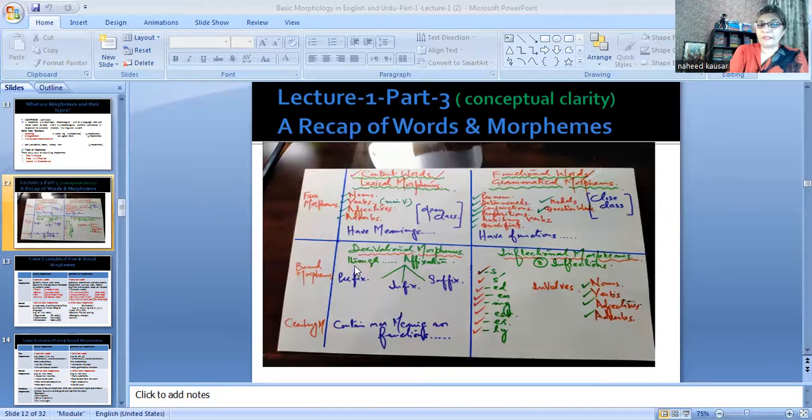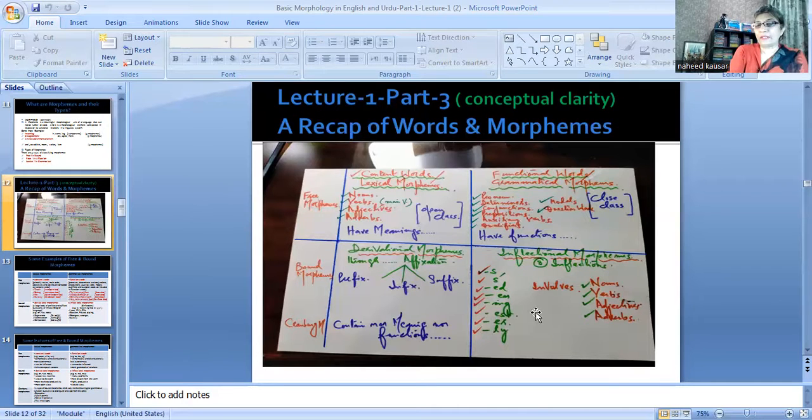Now see that in derivation, affixation is involved, which is comprised of prefixes, infixes, and suffixes. So in other words, we can say that the bound morphemes are the prefixes, infixes, or suffixes. And these are the morphological elements which are attached to some stem words or root words to create, develop, establish, or build words.